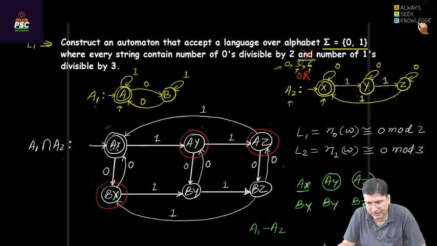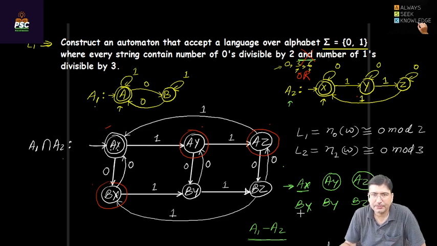AZ will become the final state. So these two will be the final states. AX will be the initial state, but it will not be the final state, in case you are trying to find A1 difference A2. I hope you are clear, right?